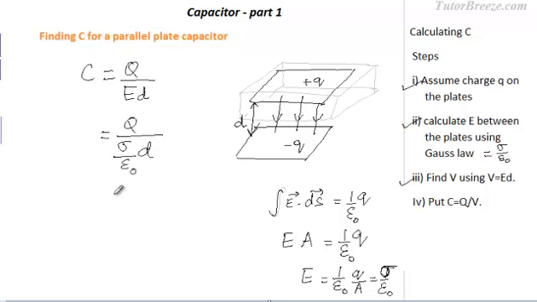The total charge Q can again be written as sigma times A. So this is sigma over epsilon naught times D, and the sigma gets cancelled out and we are left with epsilon naught times A over D. So you can see that the capacitance depends on the area of the plates, the distance between the plates, and the medium in between the plates. In this case, if we've assumed that it is air, then epsilon naught is the permittivity of free space or air, which is almost the same.